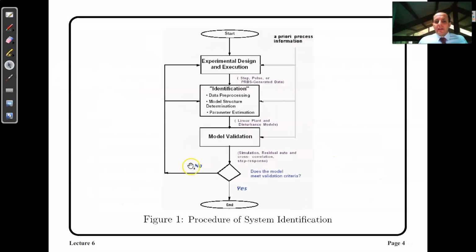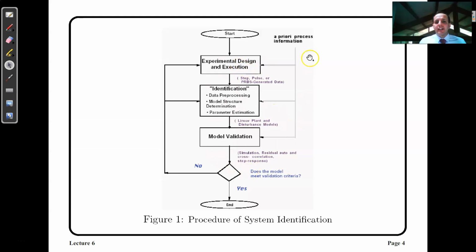As in the picture that we have already seen, starting with the experiment and the data design and the data collection, we can then enter the identification procedure. We didn't mention it today, but the identification can require some data preprocessing, for example, to clean the data. Then come the parameter estimation and model validation.